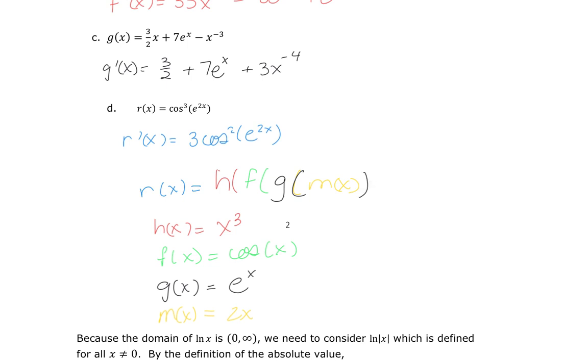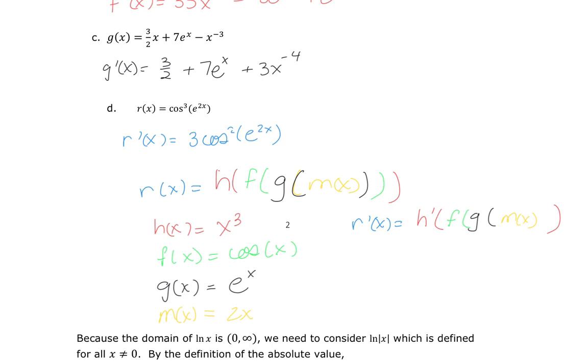So you're like, what just happened? So its derivative, r prime of x, needs to be the derivative of h evaluated at the inner function, so f of g of m of x.